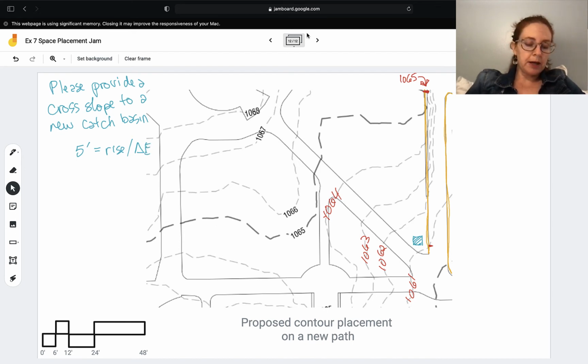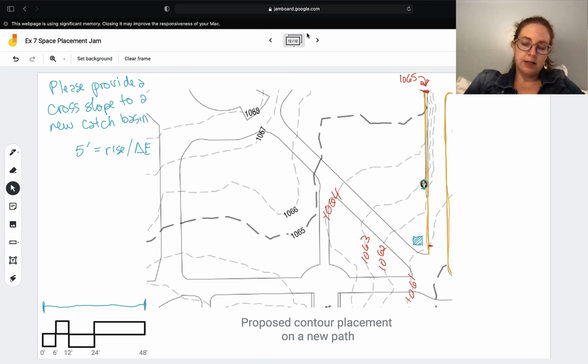And now I'm going to go back to my nifty WAC scale, my graphic scale, to figure out what that distance is between my 1061 and my 1065. So I'm going to use my very precise fingers here, holding them wide. And I'm going to go, okay, so that's 48 to about there.